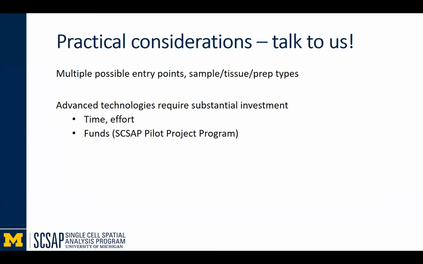And these advanced technologies clearly require a substantial investment of time and effort, not only on the part of the core facilities, but on you as well. And of course, these are expensive. There's a real cost to doing these, perhaps in the range of a few thousand dollars per sample for some of these technologies. And so one of the things we have as a mission for the program is to create a pilot project program to help you get that pilot funding to get the preliminary data for your studies.